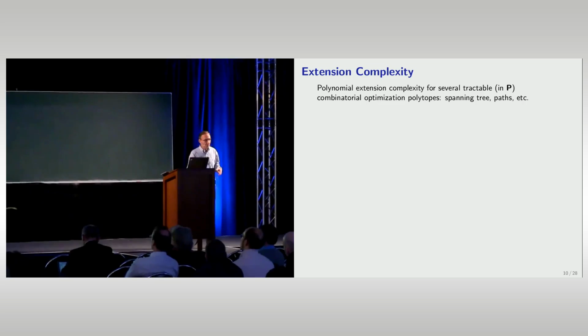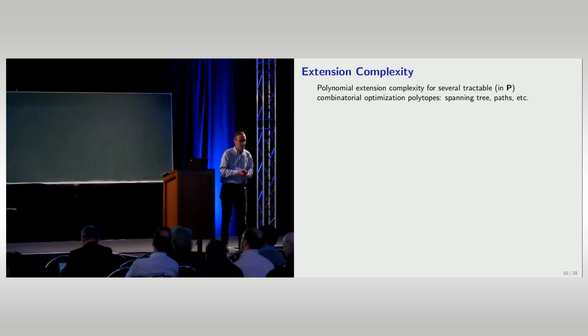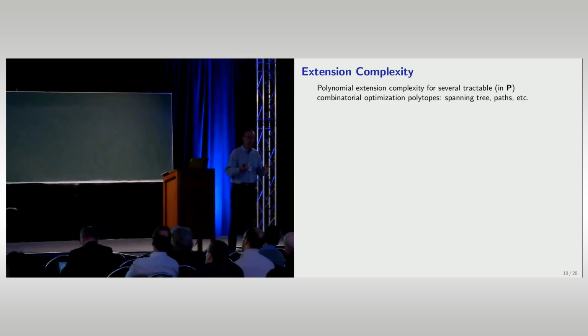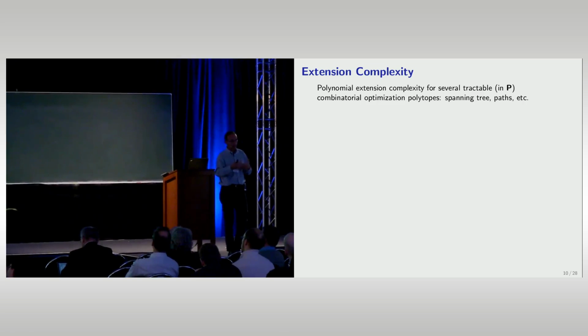So when you look at many easy problems, many problems in P, and you look at the corresponding polytope, indeed, you can often get a lift with polynomially many facets. So, but can we always do that? And this question was raised about 25 years ago by Yannakakis, and there's been a lot of effort into it.